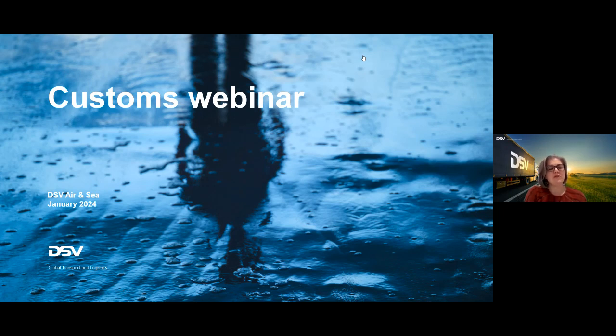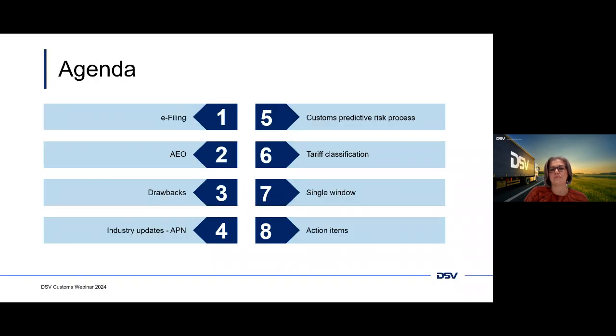We will be going through the details of the presentation. We'll go through e-filing, AEO, drawbacks, an industry update about APN, Customs predictive risk process, tariff classification, and single window, with a wrap-up of the action items.